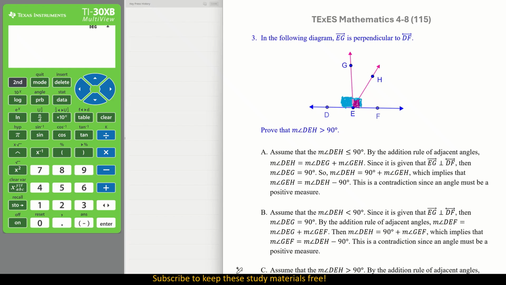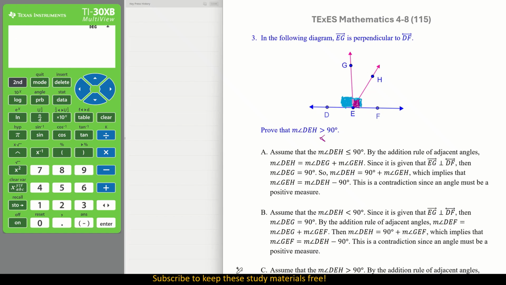So what we need to do is prove by contradiction, which implies the indirect proof. Look at what we need to prove. It says that DEH is greater than 90. So we need to state the opposite of that. What is truly the opposite?